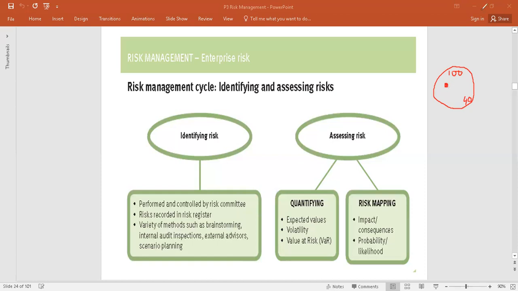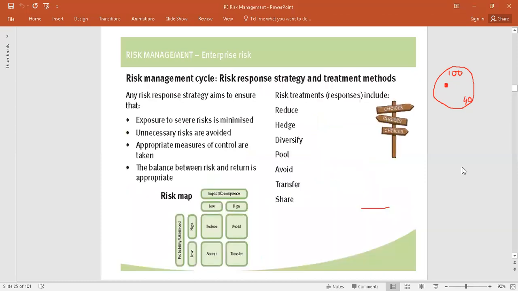After that, the risk has to be mapped. There are two variables that are considered: one is the impact or consequence, the other one is probability. So let's look into that part of it. Risk management cycle: what is the risk response strategy and treatment methods?